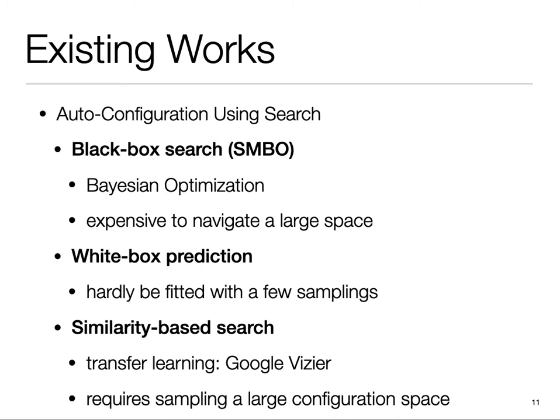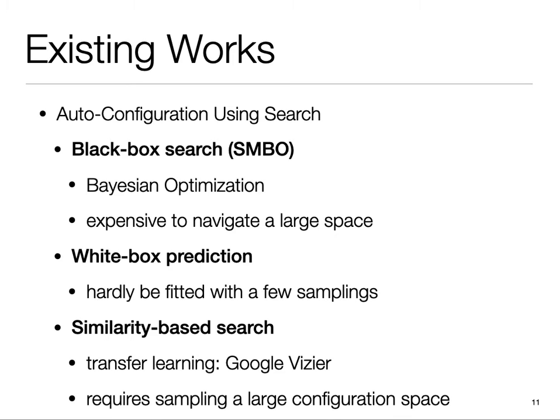Another approach is to sample a small number of configurations in real-world clusters for performance testing. There are several categories, such as black-box search, like Bayesian optimization, or white-box prediction, like linear regression methods.